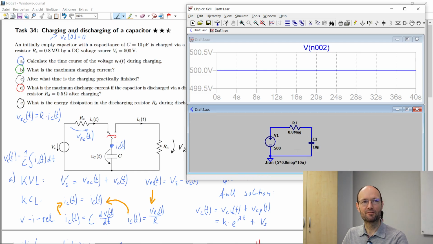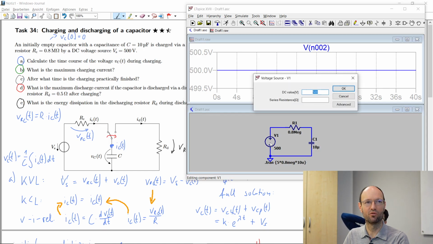A problem is LTspice is fooling us, and it's already calculating some DC operating point before. It's not really using the initial condition that the capacitor is initially empty. So it's trying to guess the steady state solution before.